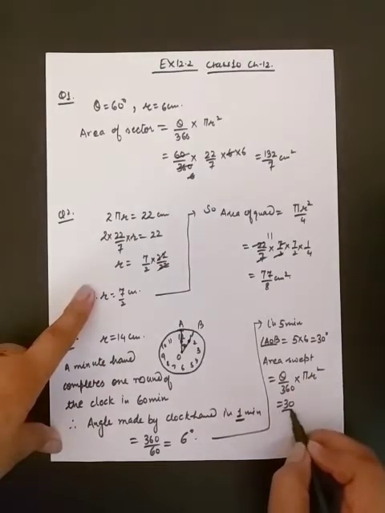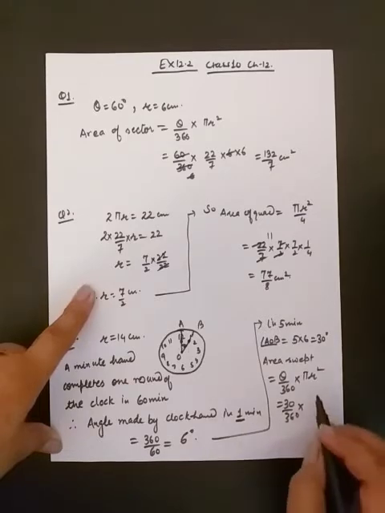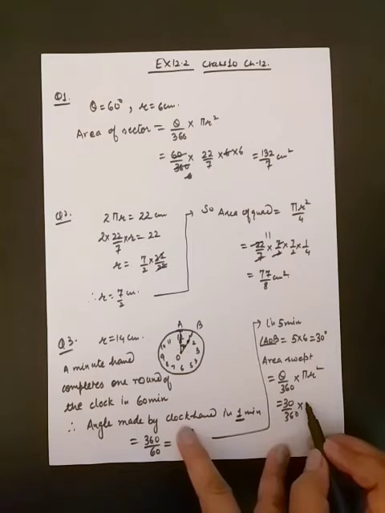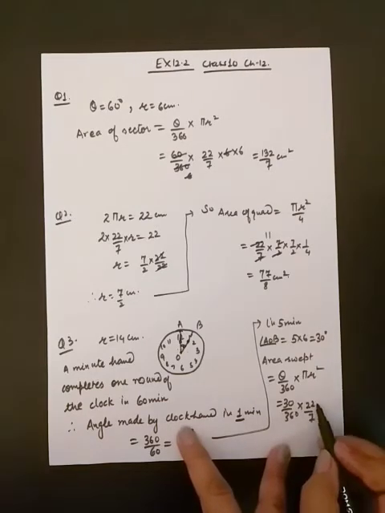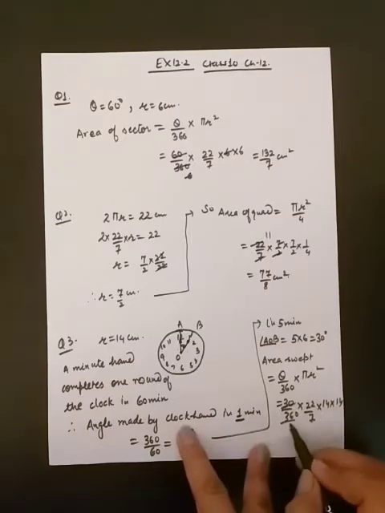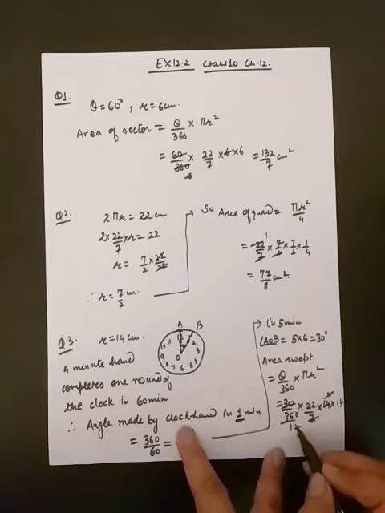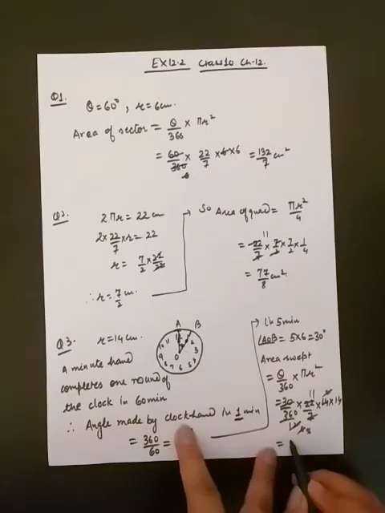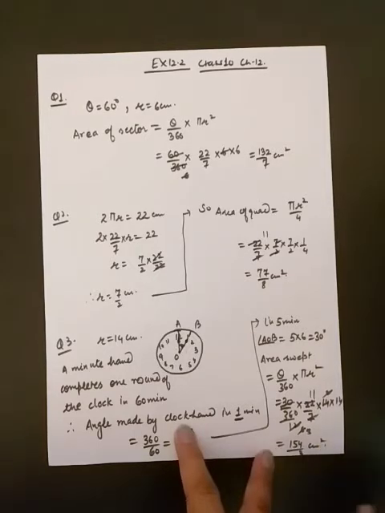Now theta is 30 upon 360 and value of pi is 22 upon 7 and r is 14 into 14. And it will be 154 by 3 centimeter square.